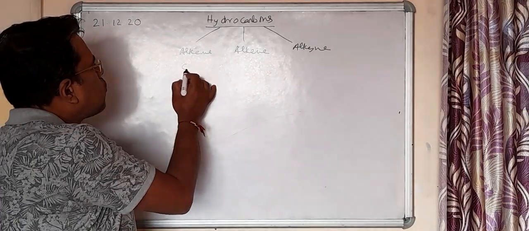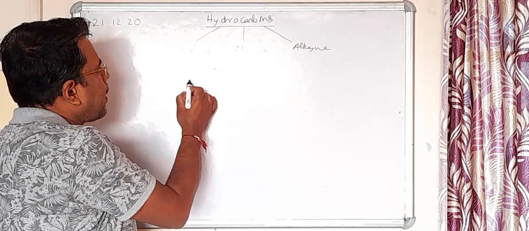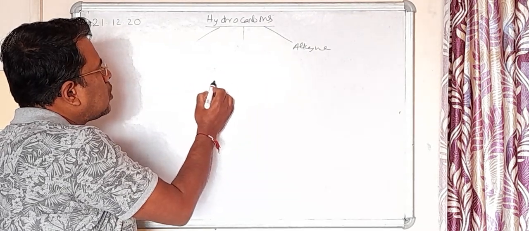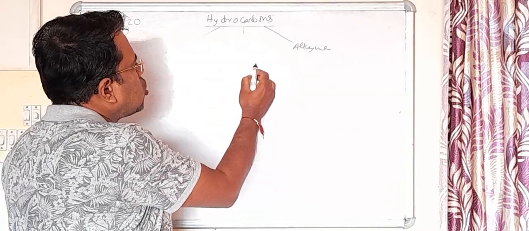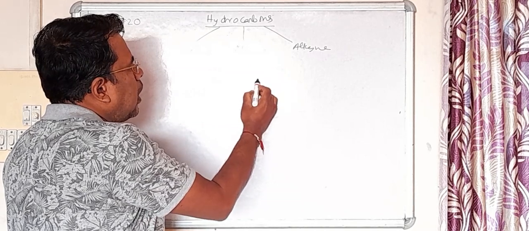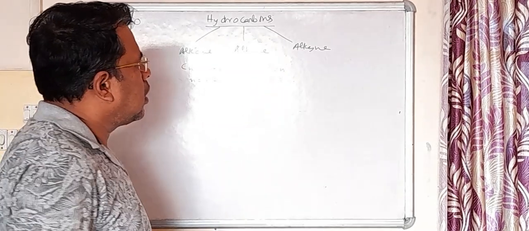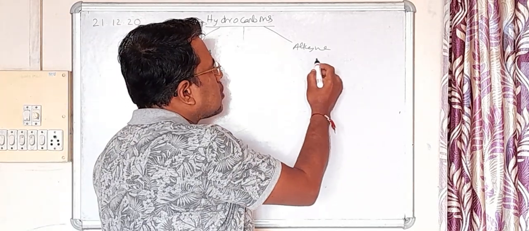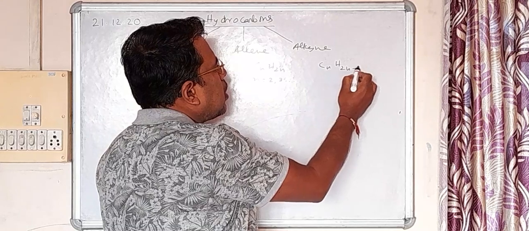Alkane has general formula CnH2n plus 2. Here n starts from 1, 2 onwards. Alkene general formula is CnH2n. Here n starts from 2 onwards. And alkyne has general formula CnH2n minus 2.